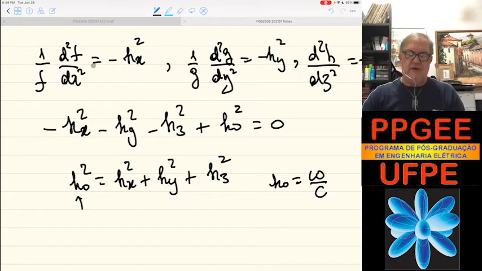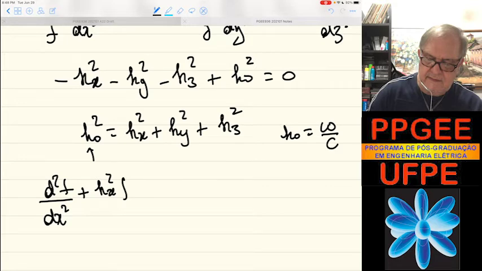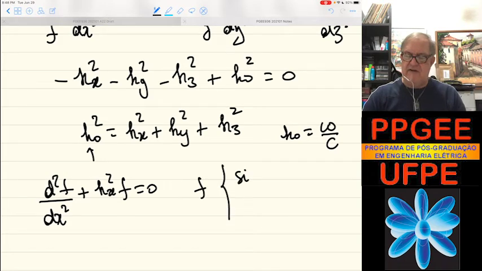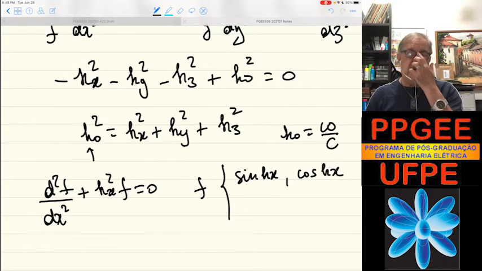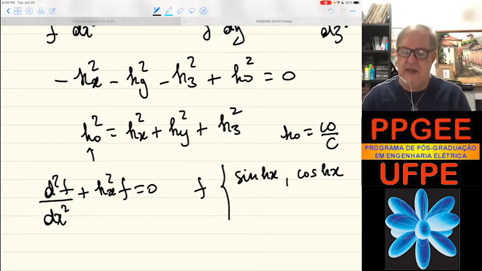Notice that the solution of these equations, let's say, we have a question like this. Similar equation for G and H. Solution for F is either sine function or cosine function, or we are going to employ in a more practical way complex exponentials.